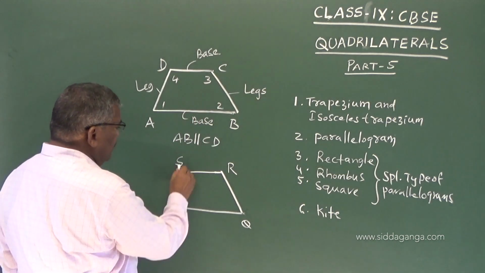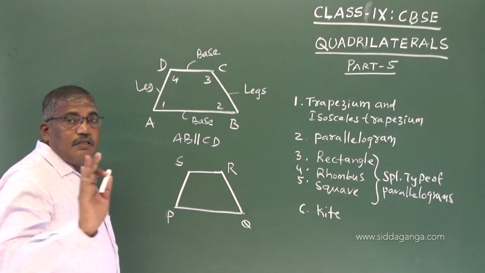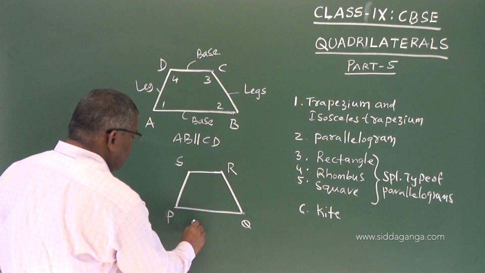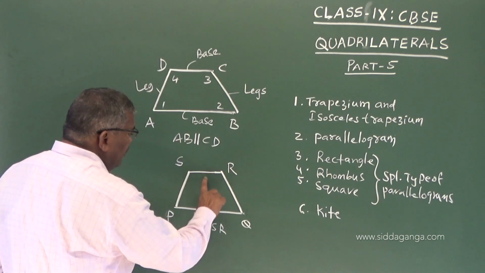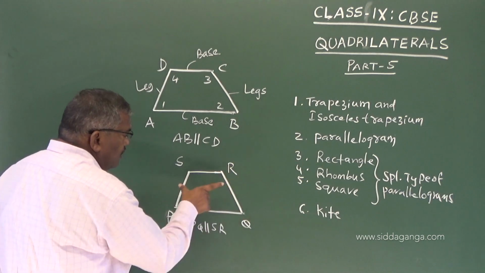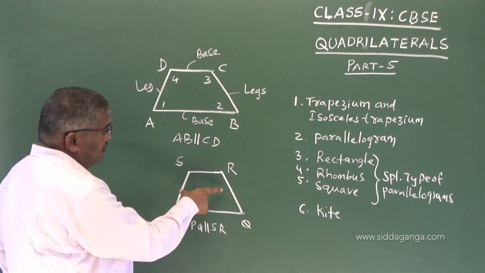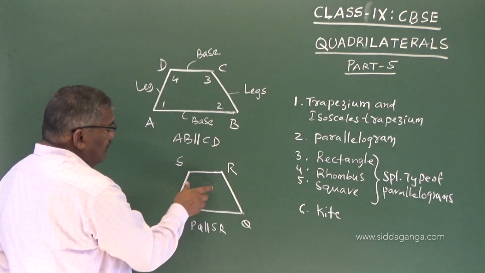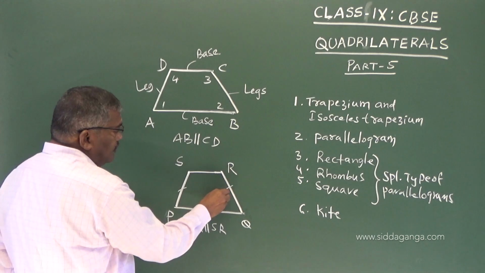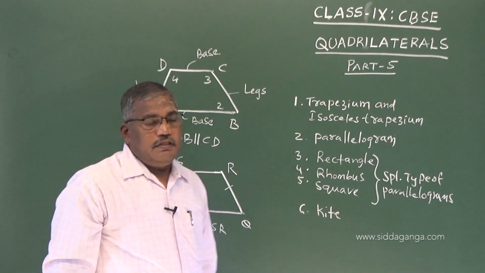That means PS is equal to QR. And the other conditions are satisfied. That means PQ is parallel to SR. One pair of opposite sides are parallel. The non-parallel sides, otherwise called legs of a trapezium, are equal. This is equal to this. Therefore, it is called an isosceles trapezium.